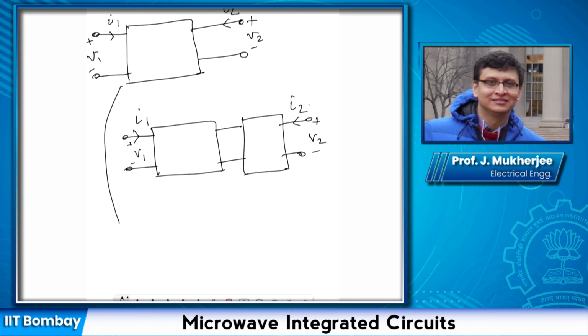So for this network, I can write my ABCD parameters like this.